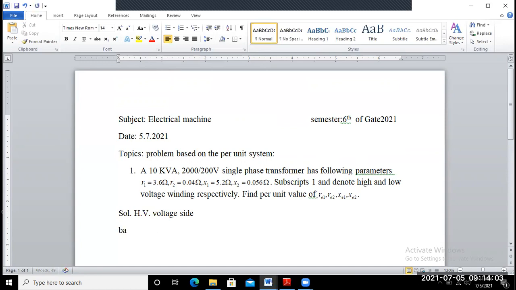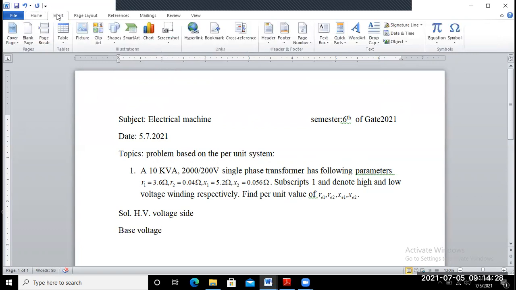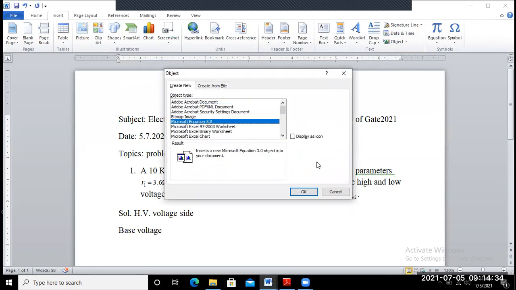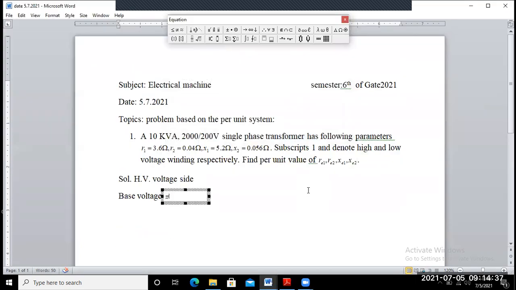So the base voltage VBH equal to 2000 volt, the maximum voltage of the high voltage side.